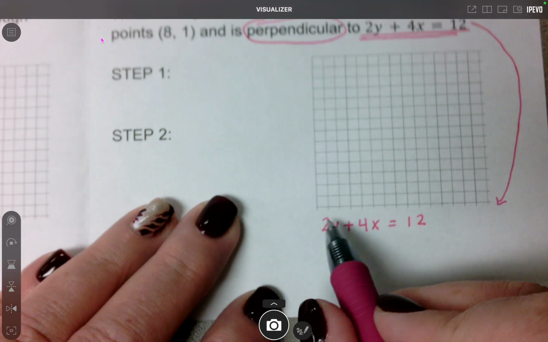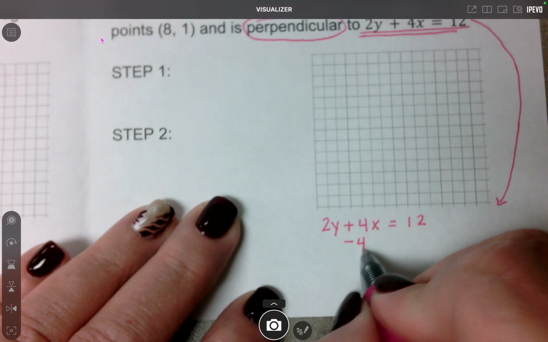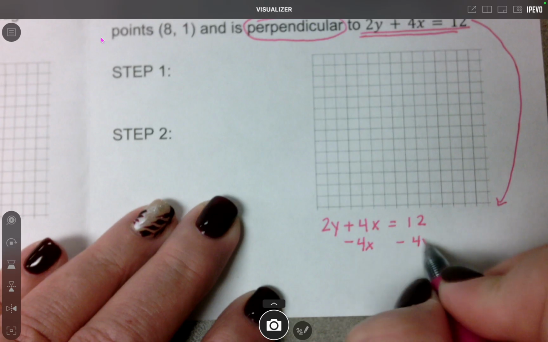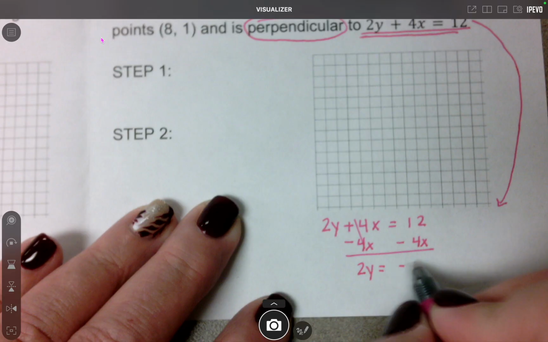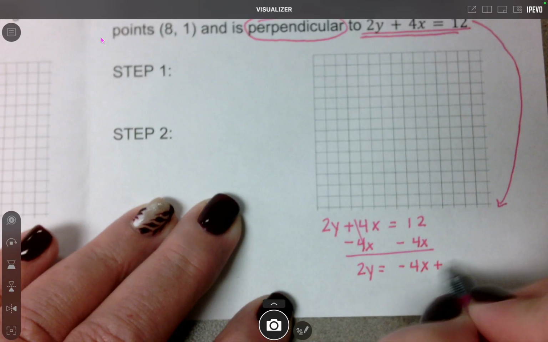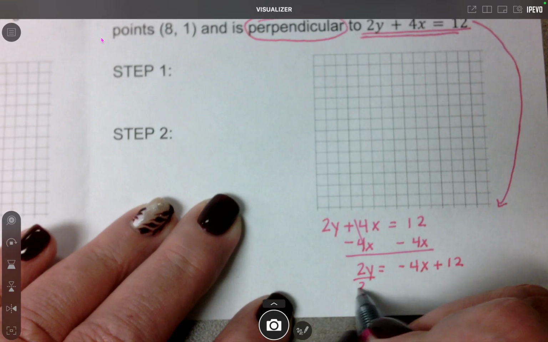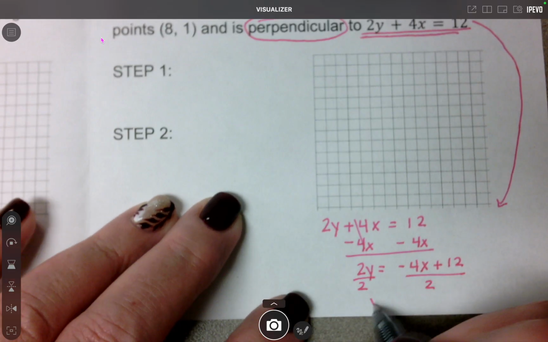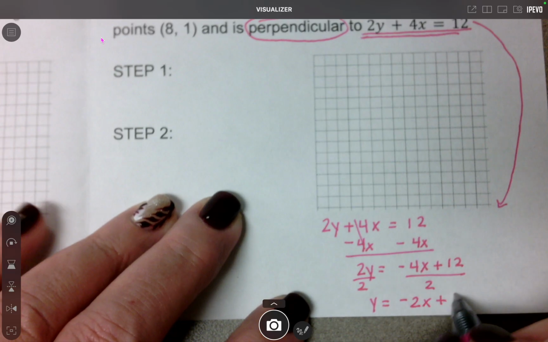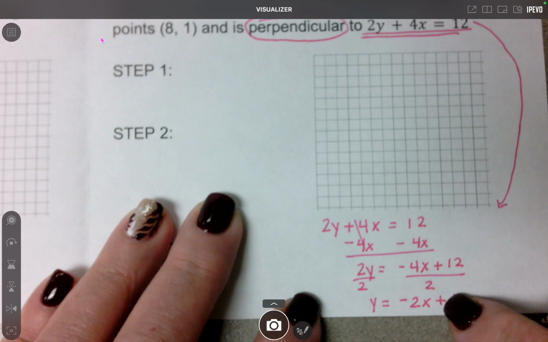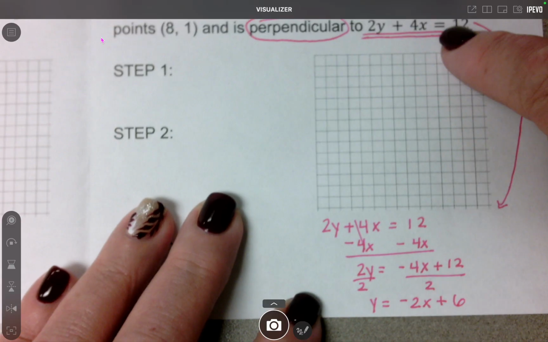To get y by itself, I'm first going to move that 4x. I'm left with 2y equals negative 4x plus 12. And then let's divide everything by 2. So I have y equals negative 2x plus 6. So this equation and this equation are the same.